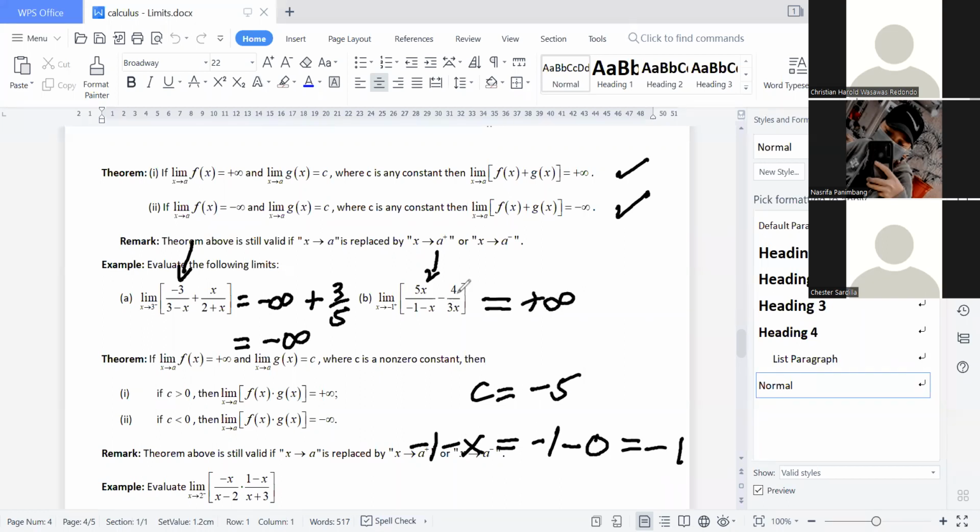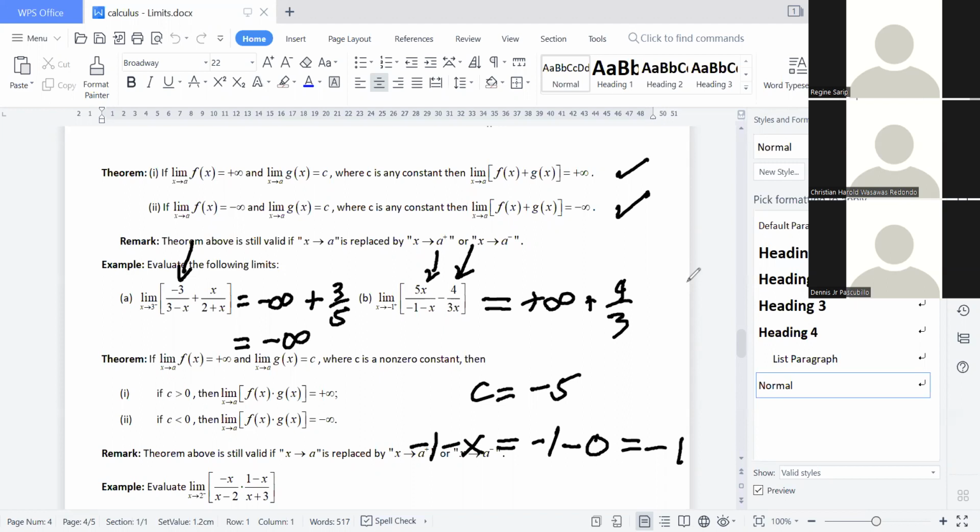Now, for this portion, the limit as x approaches negative 1 from the right-hand side. 4 over 3. 4 over negative 3, sir. 4 over negative 3, so minus, minus. So it will be plus 4 over 3. It's negative 3, so it will be plus, right?